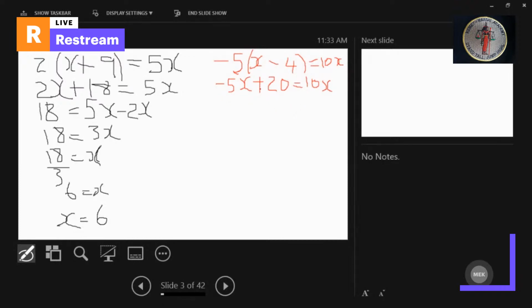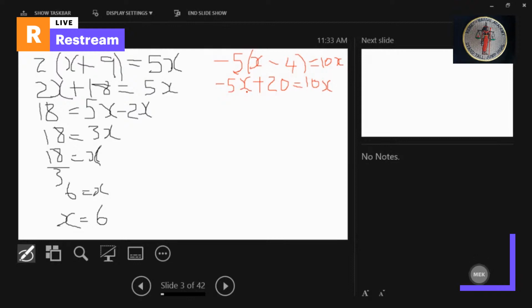So even though we say it's better to keep the variable on the left, I'm looking ahead and saying, all right, if I bring across the 10x, it's going to become negative. I'll have a negative variable, which is not a big problem because I can just divide by -1 to make it positive.